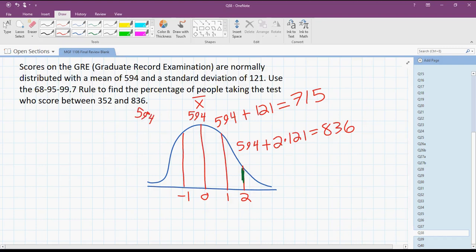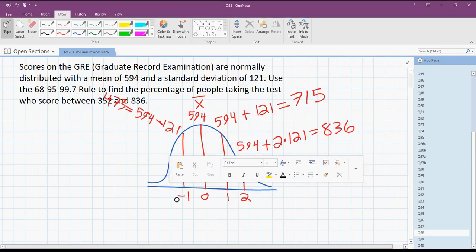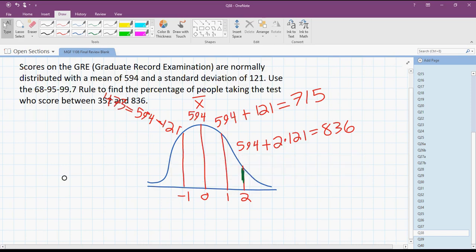Minus 121, which is 473. We're 1 standard deviation below, so that's why we're subtracting the 121, because we are going below by 1. But again, that's not low enough. I need to be at 352.